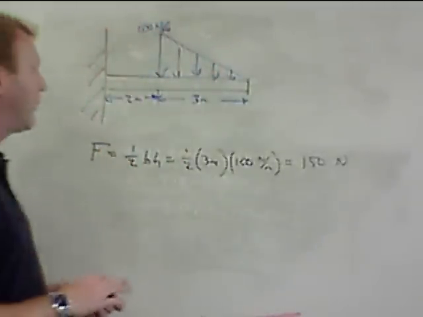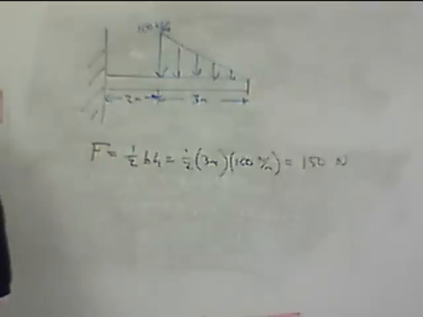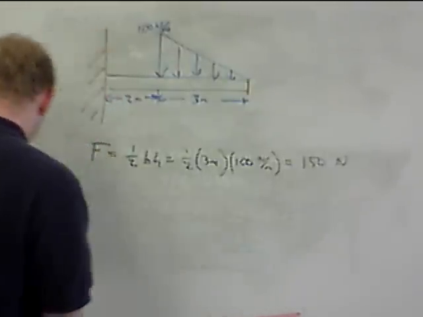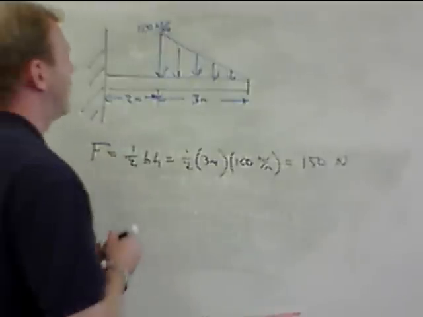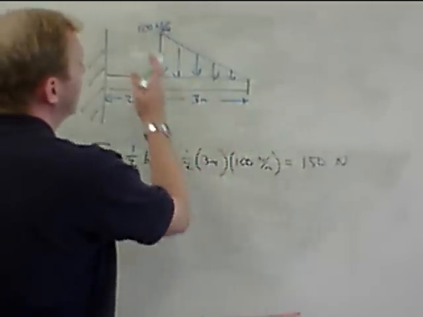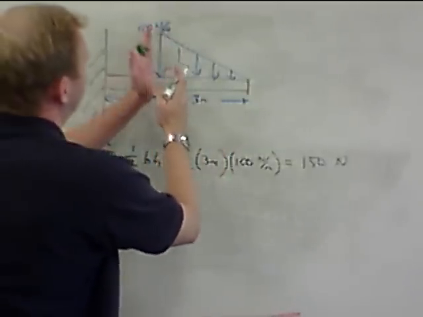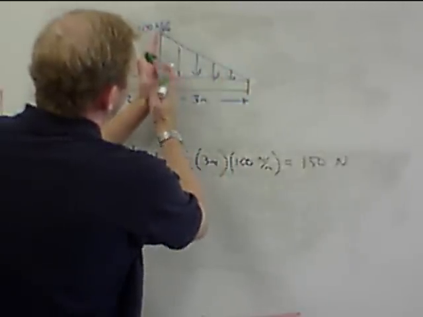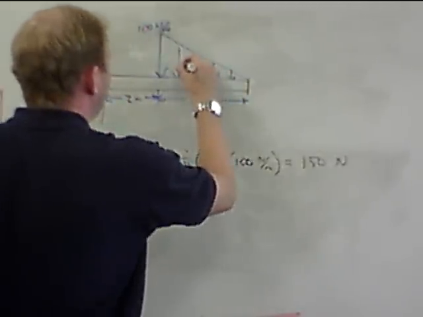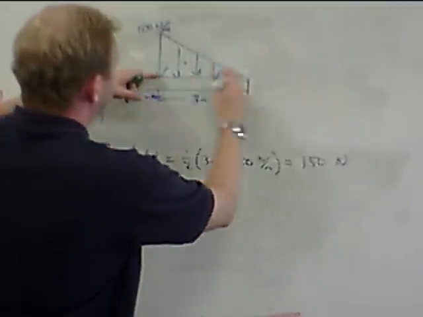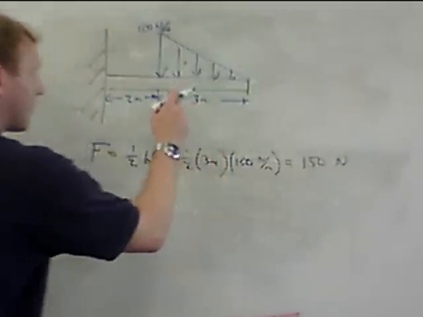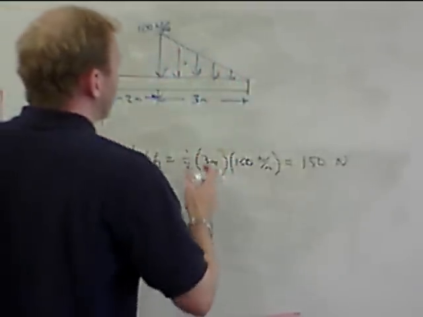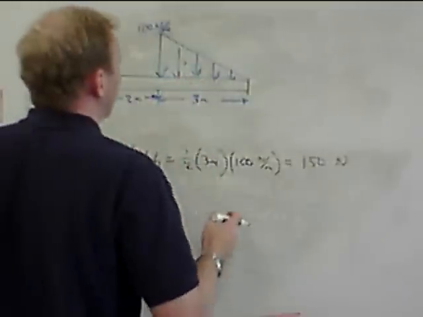Okay, if you remember your geometry, in any triangle, the geometric center is going to be 1/3 away from the long edge on both sides. So if this is from here to here, it's going to be 1/3 of the way over. And if this is alongside 1/3 of the way up, which we don't care as much about, really all we care about is where the center is in this direction, because we want to know where on this beam we apply this force.